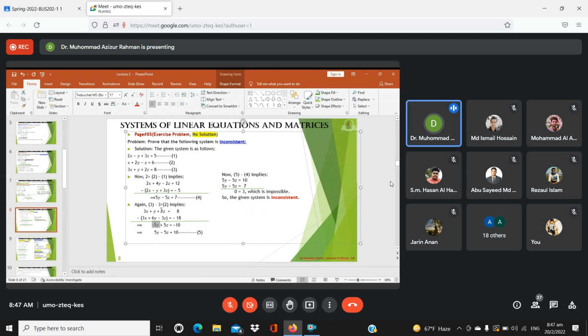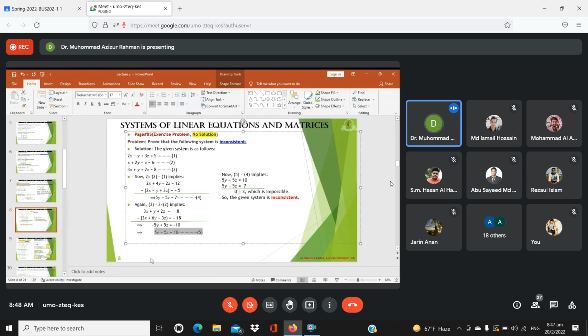Then 2z, and here minus becomes plus, so 2z plus 3z equals 5z. And here you are getting 8 minus 18, which means minus 10. Now if you multiply both sides by minus 1, you will get 5y minus 5z equals 10. Then you say, oh, this is my equation 5.